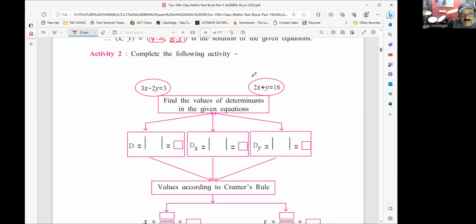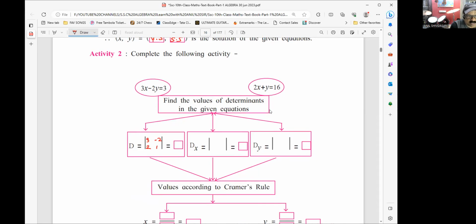Complete the following activity. Now this one: find the values of determinants in the given equations. So here D will be 3, minus 2, 2 and 1.